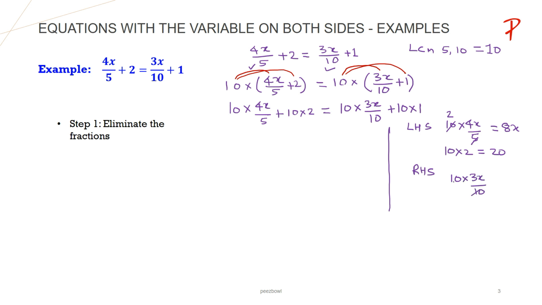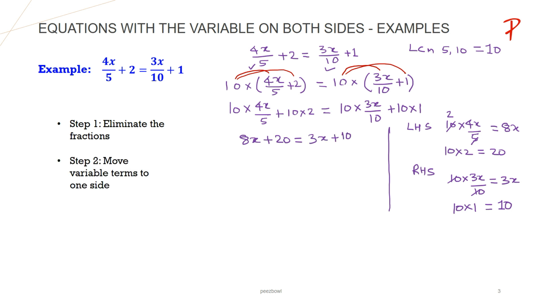So this 10 and this 10 will cancel each other, and what we have is only 3x. And the other term is 10 multiplied by 1, this is equal to 10.